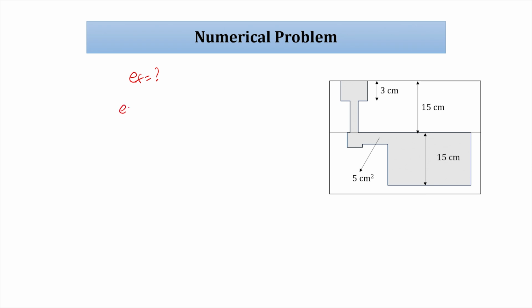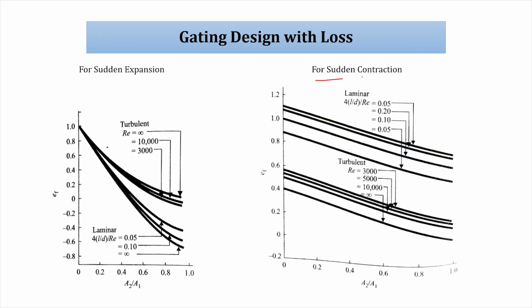For EF, there is a chart given, EF versus A2 by A1, for sudden contraction. So, what you have to take? Reynolds number is Re equal to 68003, so it will be something like 60,000.